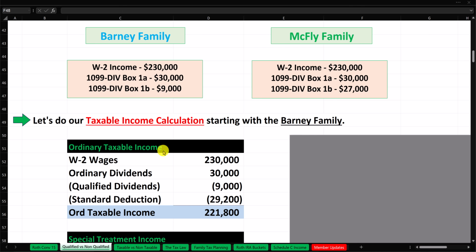We said that box 1B was subject to the preferential tax rate, and box 1B is just a portion or subset of box 1A. So the amount of dividends actually subject to the ordinary income tax rates is going to be box 1A minus box 1B, as we said before. Then we have the standard deduction of $29,200 for married filing joint. We're going to assume this is a 2023 tax return, and that results in ordinary taxable income of $221,800.